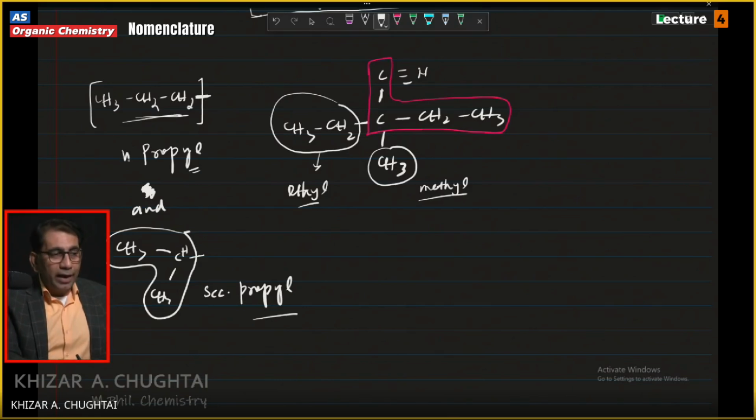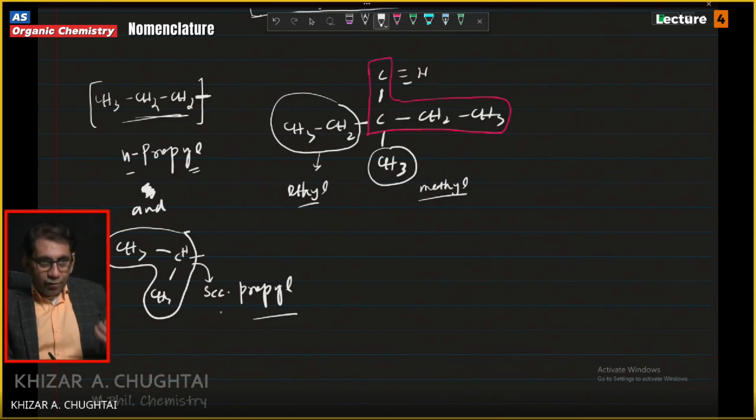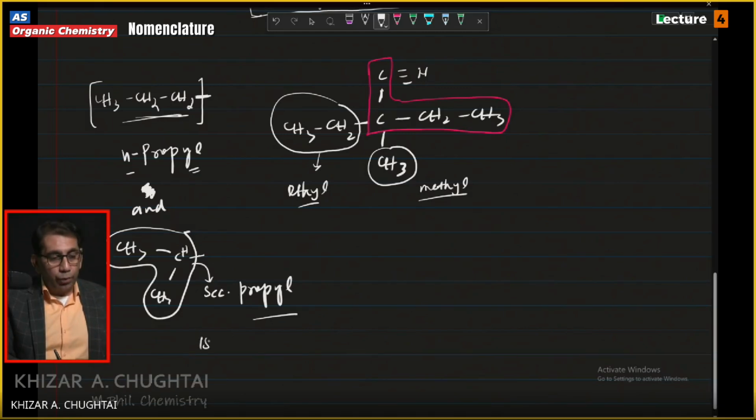Yes, it's again propyl, but it's not the normal propyl. You can write n-propyl and mean normal propyl, but this propyl is a branch attached to the longest chain by a secondary carbon. That is why it is known as or written as secondary propyl. Sometimes we call it isopropyl.